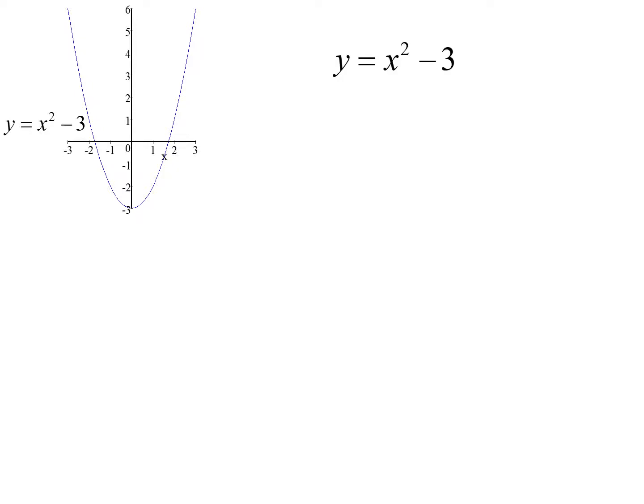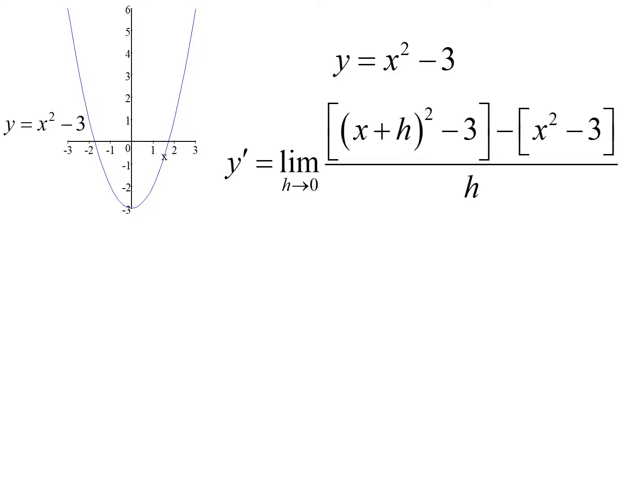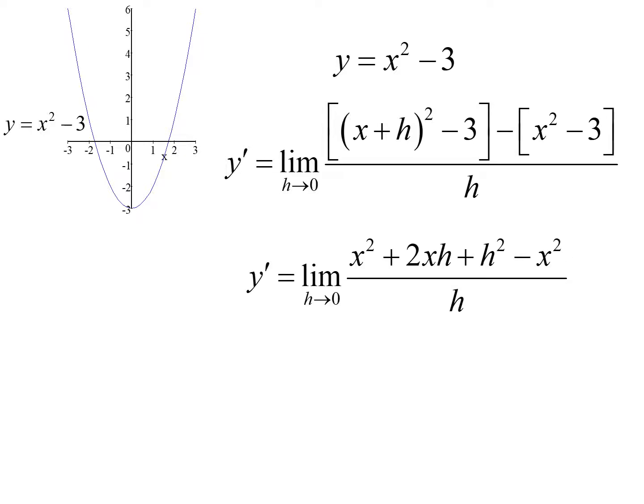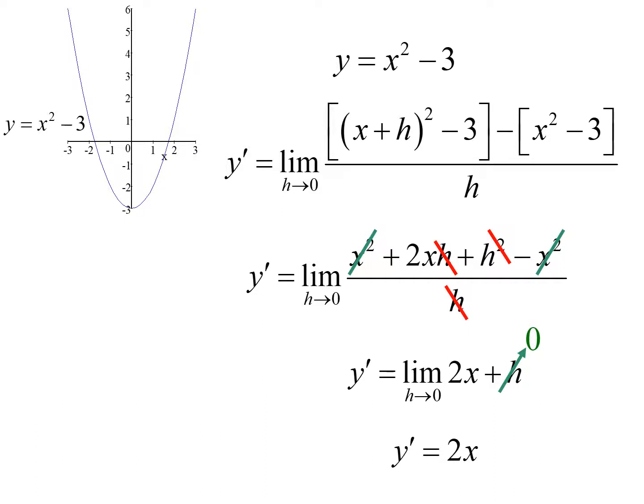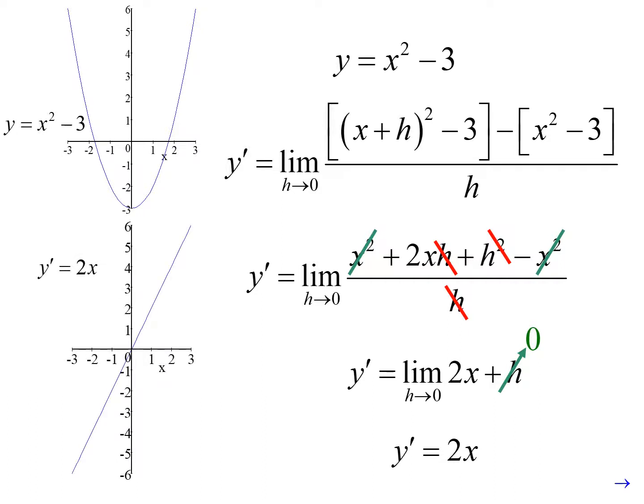Okay, y equals x squared minus 3. We can actually go ahead and compute the derivative. So we have our difference quotient, we expand, cancel, and we evaluate the limit, we get y prime equals 2x. So there's the derivative. And let's go ahead and make some connections between the original function and the derivative.